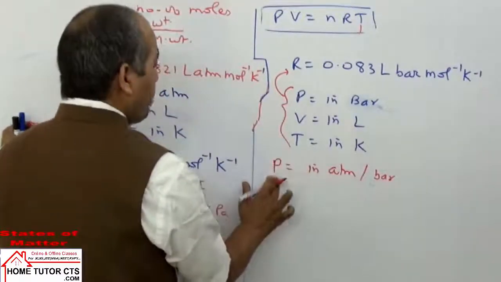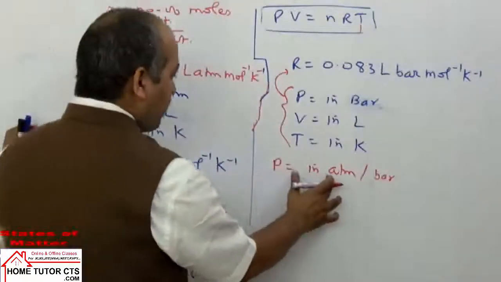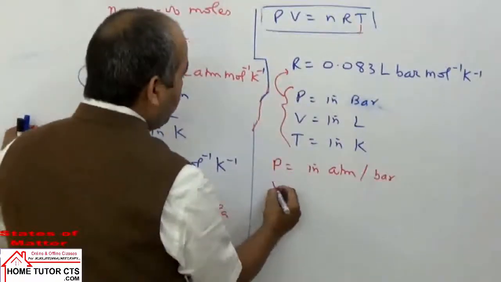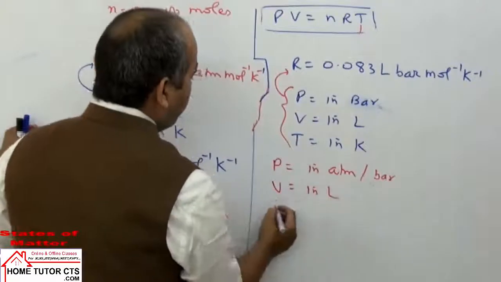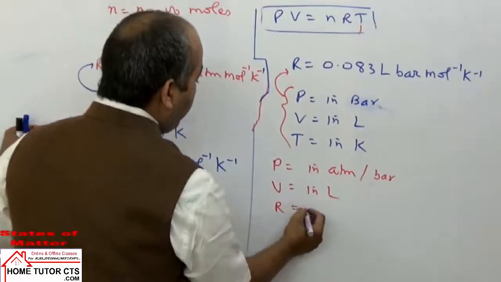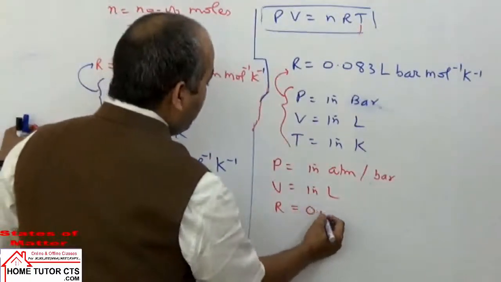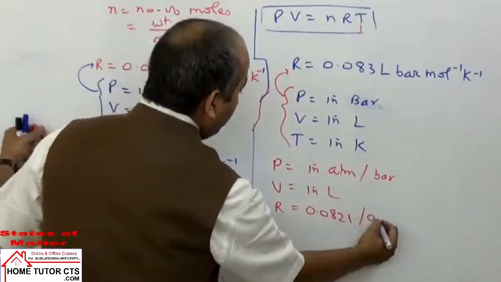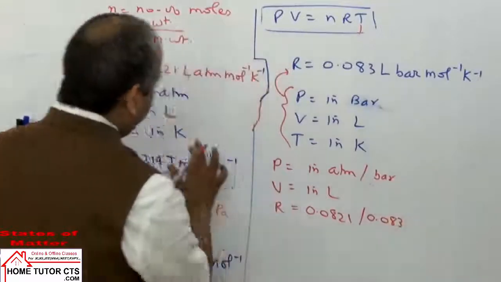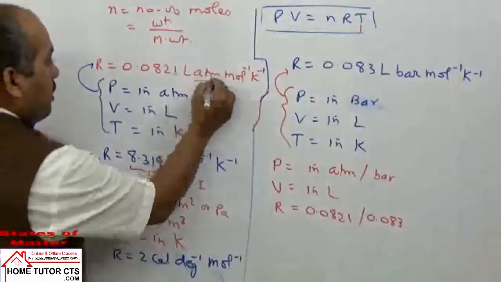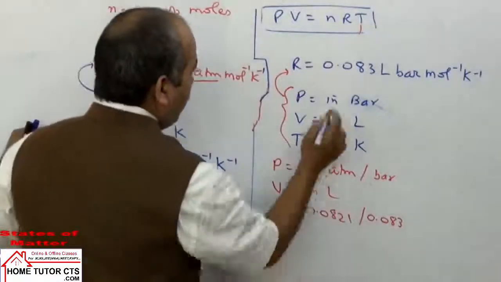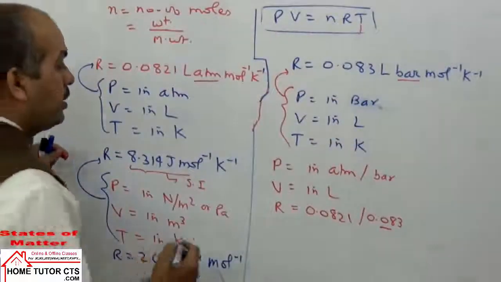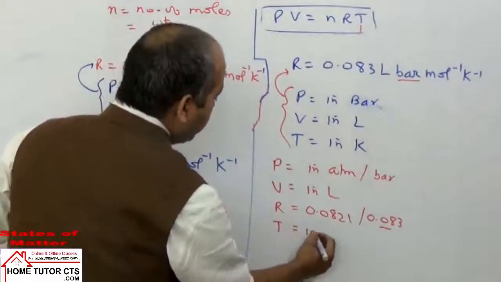Otherwise you will have to take this. We will take pressure in atmosphere and bar to apply this equation, then we take volume in liters, then the value of R, 0.0821 or 0.083 as per the pressure unit, atmosphere or bar, and then temperature in Kelvin scale.